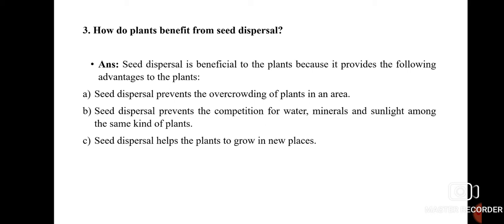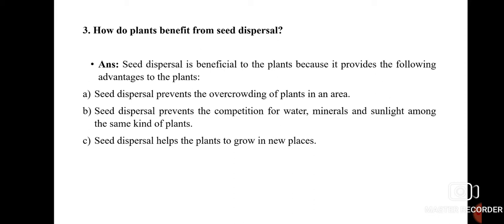Next, how do plants benefit from seed dispersal? Seed dispersal means the scattering of seeds. So how do plants benefit from it? Number A, seed dispersal prevents the overcrowding of plants in a particular area.